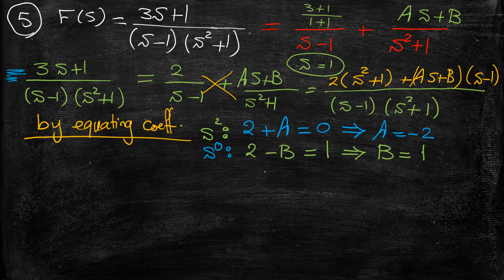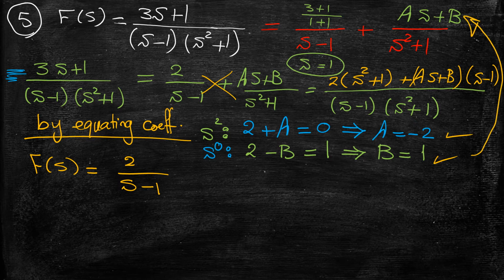So again, rewriting this fraction, F(s) right now will be equal to 2 over s minus 1. A and b right now are here, so just substitute 1 and minus 2 in a and b. This one will be (minus 2s plus 1) over s squared plus 1.